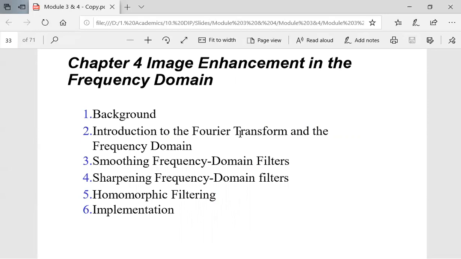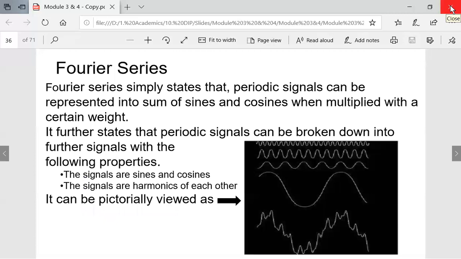Fourier series is applied on periodic functions, whereas Fourier transformation is on non-periodic functions, that is the discrete one. That is why Fourier transformation is used with images. Here we have smoothing frequency domain filters and sharpening frequency domain filters. Then we have studied the homomorphic filtering as well. I have given you the notes, the PowerPoint presentation, and the question bank.